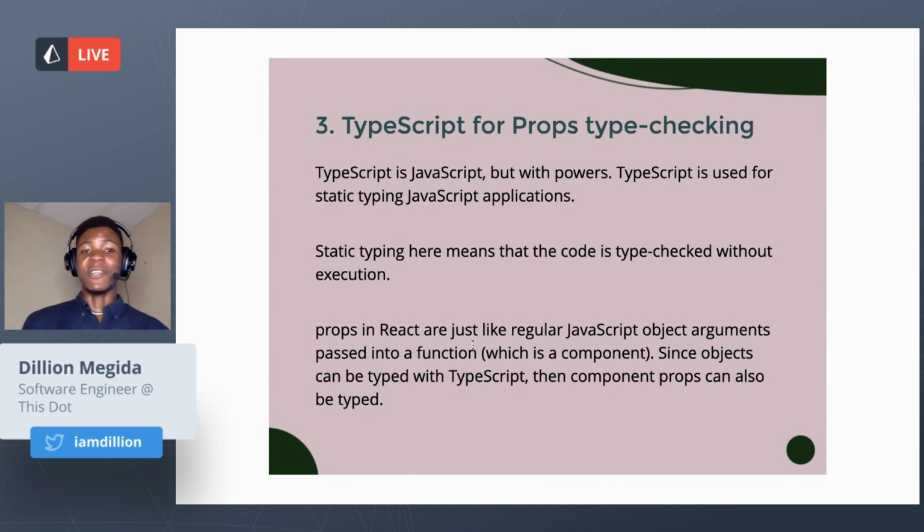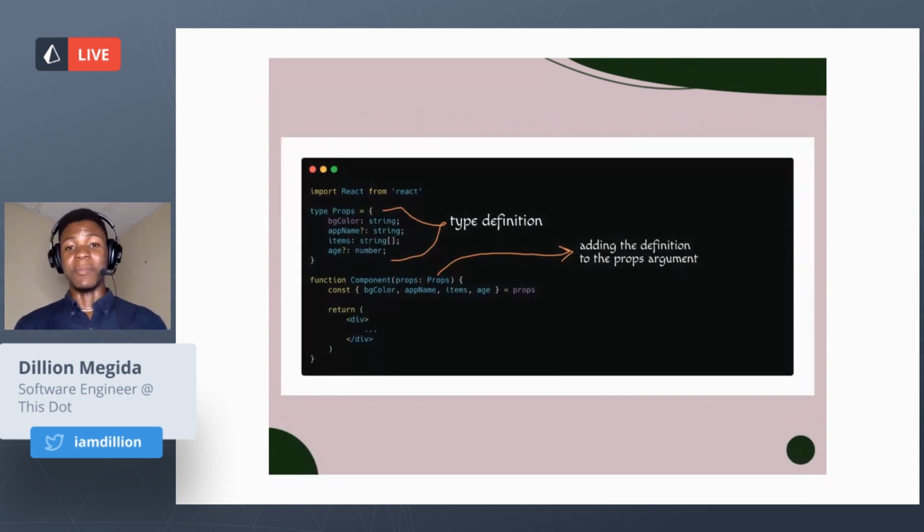Now props in React are just like regular JavaScript objects, as we saw earlier. And since objects can be typed with TypeScript, then component props can also be typed. And this is a basic way of typing props in a React application. So this is the same component here. And then instead of using the prop types, we have this type alias up here, where we have the bg color to be a string.